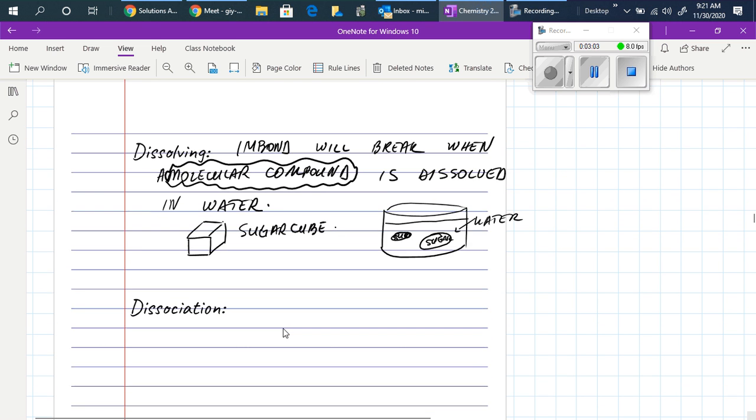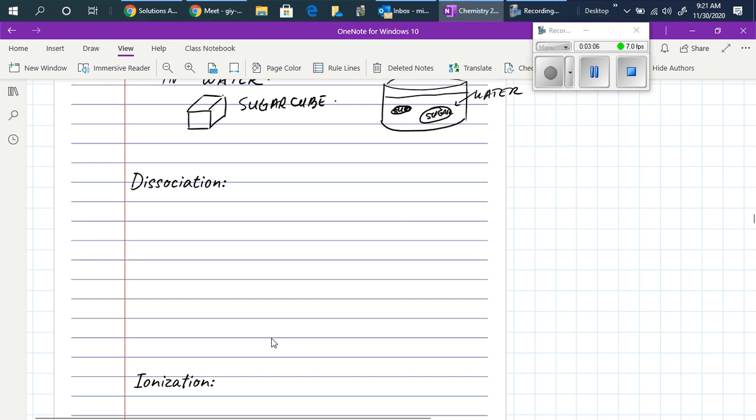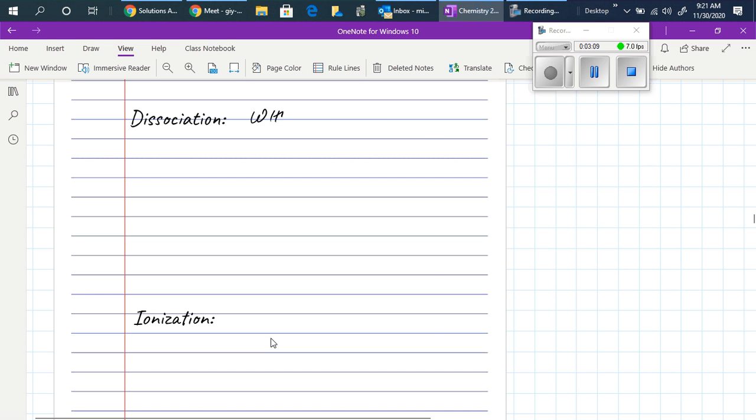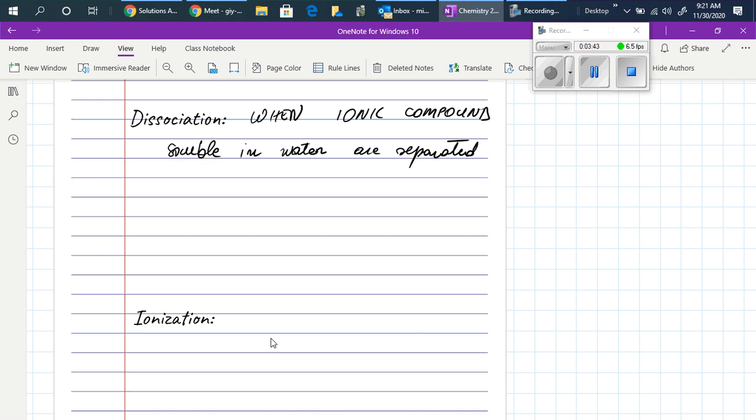In contrast with dissolving, dissociation happens when an ionic compound that is soluble in water, or in any solution, is separated into ions.